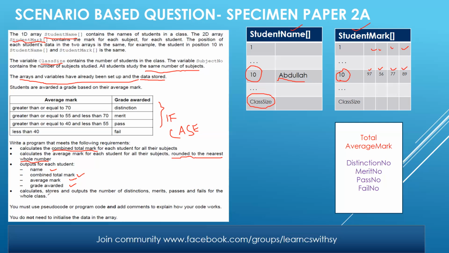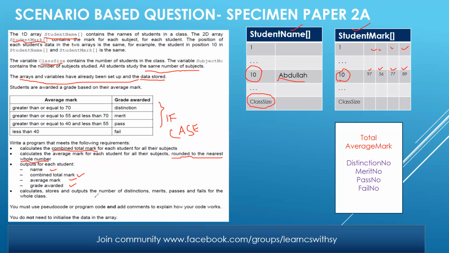It will be the concept of counting. So here you have identified the concepts. You know that combined total marks means totaling. Then calculate, store, and output the number of distinctions, the number of merits, the total passes, and the total failures. So definitely here the concept of counting is going to be used.